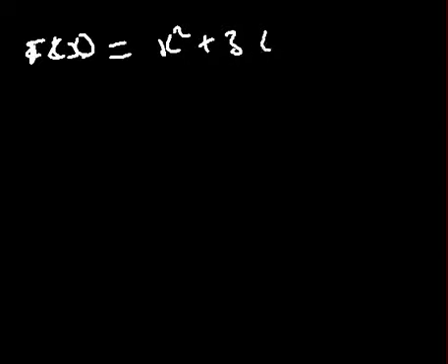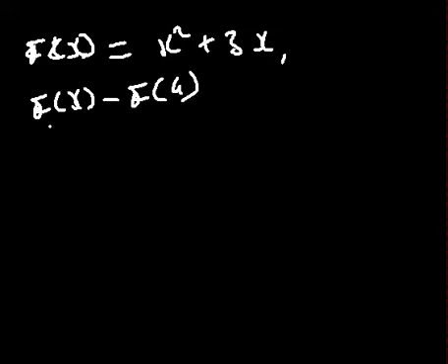By the way, we have a function given as f(x) equal to x squared plus 3x. That is the function. Now find f(x) minus f(a) over x minus a.